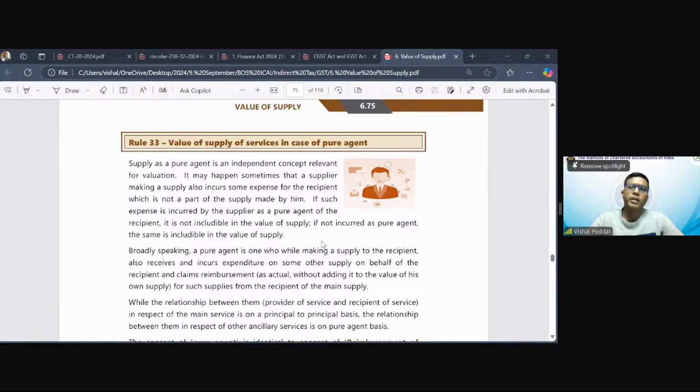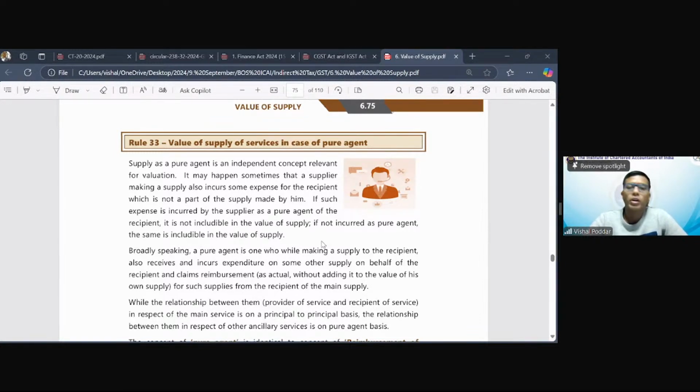So simple again, a practical example of our own CA practice. I am doing computation of your income tax because you have appointed me as your income tax consultant. So I have to do your computation and file your income tax returns. I say that my fees for doing this is 25,000, which you agree.